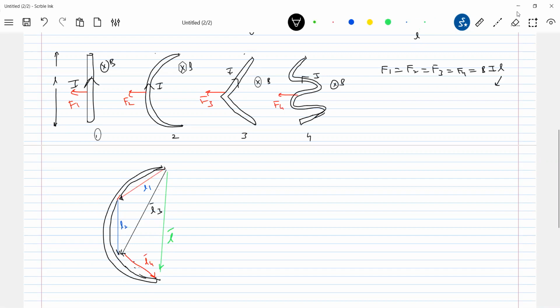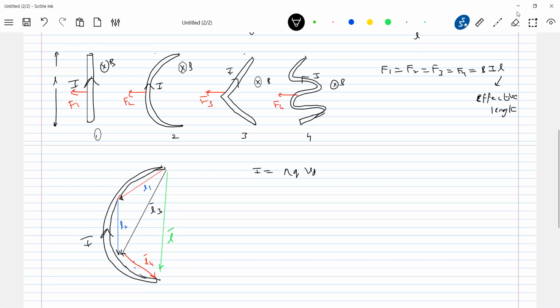So what is this current? The current is flowing like this, no? Actually, the current is flowing like this. So you can also take the help of the displacement vector, because how do you define current? I is equal to n e A vd, the drift velocity.